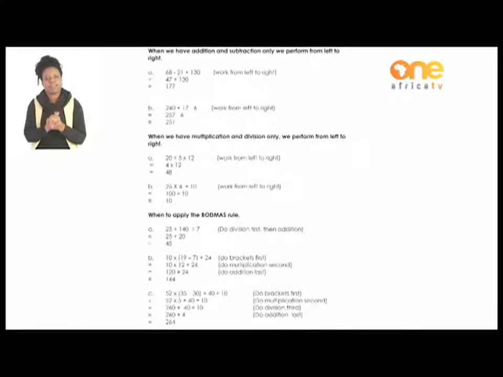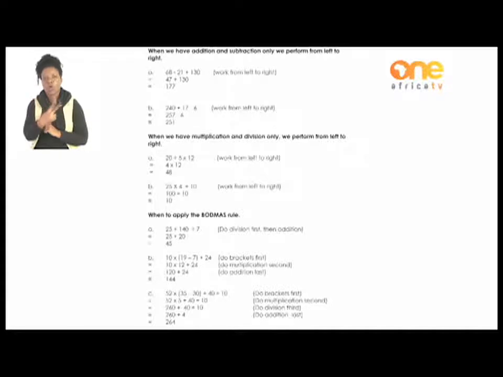So we're going to do the addition part first. We're going to say 240 plus 17, that part we're going to do first, and that equals 257 minus 6. Now we do the minus part. 257 minus 6 equals 251.